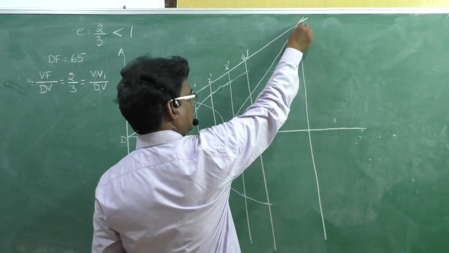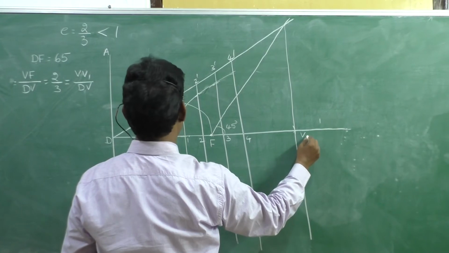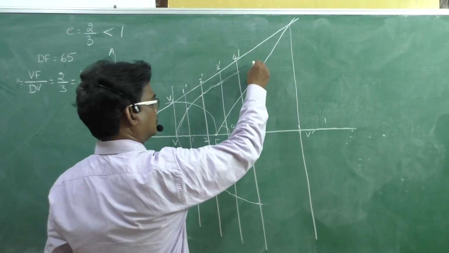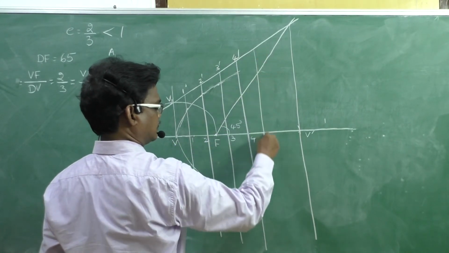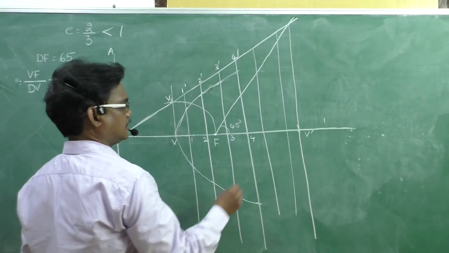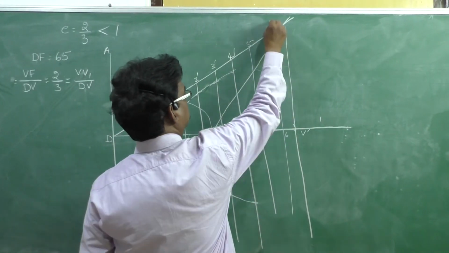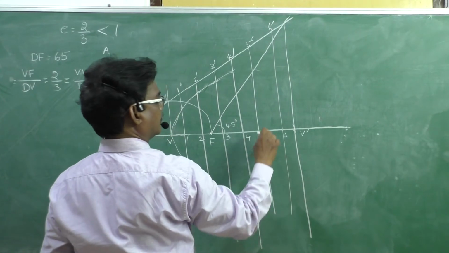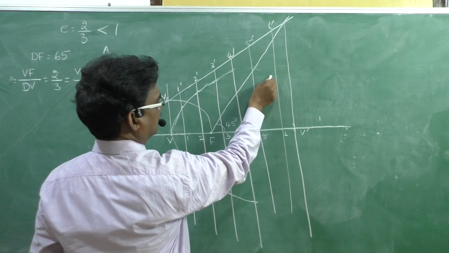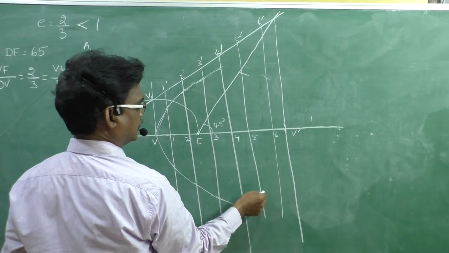If you take this length and F as center, if you draw it, this is the other end, V dash. And in between this, you can consider some vertical lines to obtain more points. Then, if you take 5 dash, 6 dash, 5 dash as radius, F as center, if you draw it, it gives the intersecting points here and here.